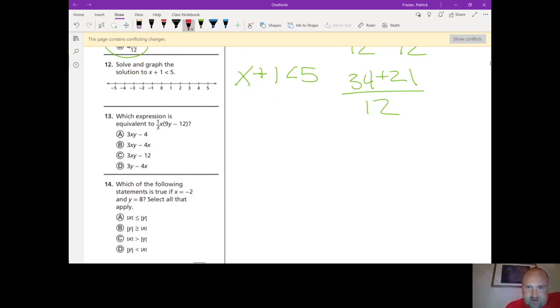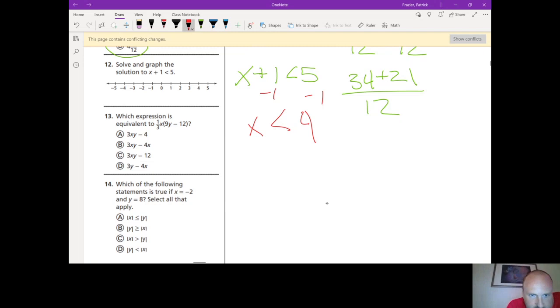I like this red. Subtract 1, subtract 1. So we just have x minus 1 is just x, and 5 minus 1 is 4. And it's not an equal, it's a less than. X is less than 4.